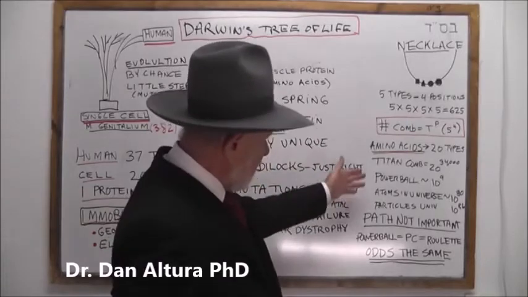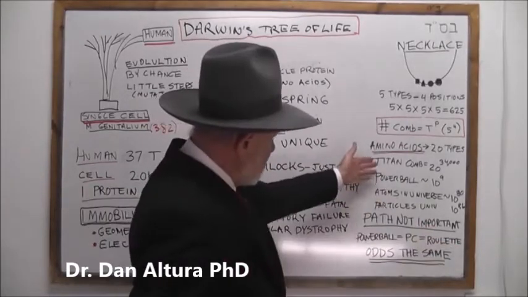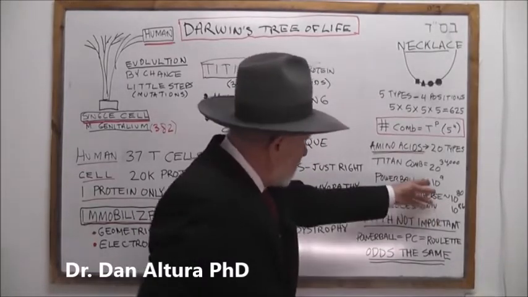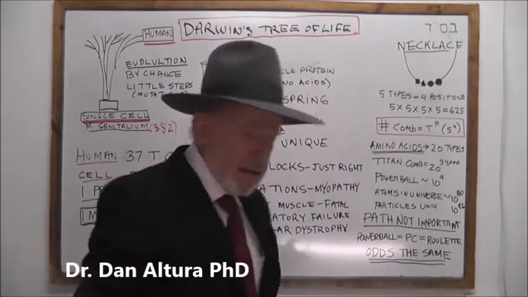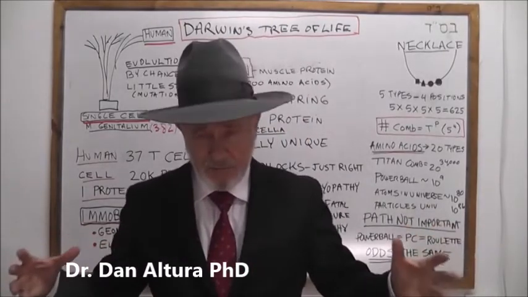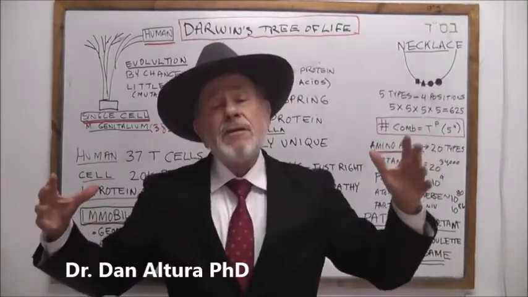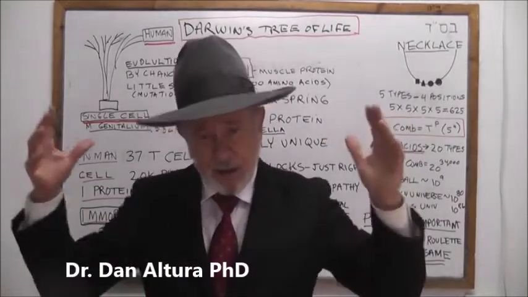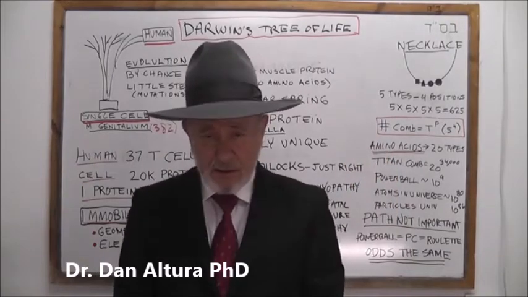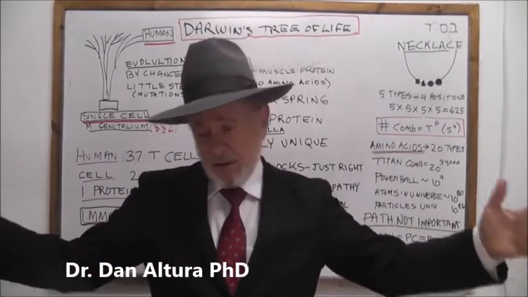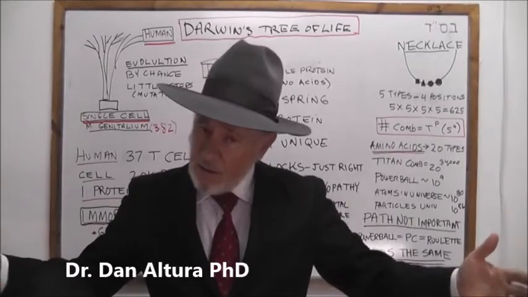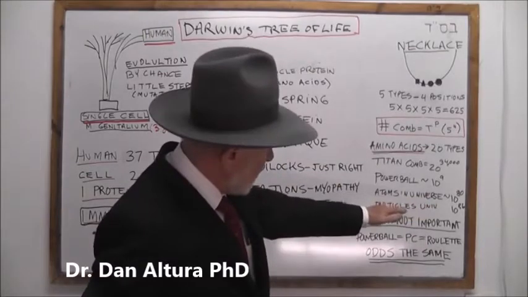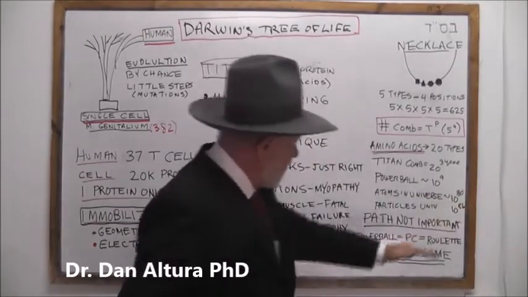How does this compare to things that we're more familiar with? For Powerball, we have about 10 to the 9th different combinations, very tiny compared to 34,000. So let's take a look at all the atoms in the universe. The universe consists of trillions and trillions of galaxies, each galaxy having hundreds of millions of stars, and the universe is many, many billions of light years wide. If you take all the atoms in the universe, they've estimated that the total number of atoms is only 10 to the 80.